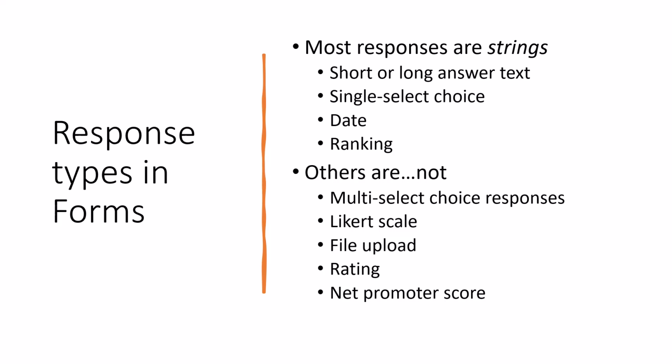The interesting thing about those Likert scales is that each property, each characteristic, each aspect comes in as a separate response. So it's kind of like a meta question. It's a question that contains multiple other questions. And then we have file uploads, ratings, and net promoter scores, which all have their own unique characteristics.